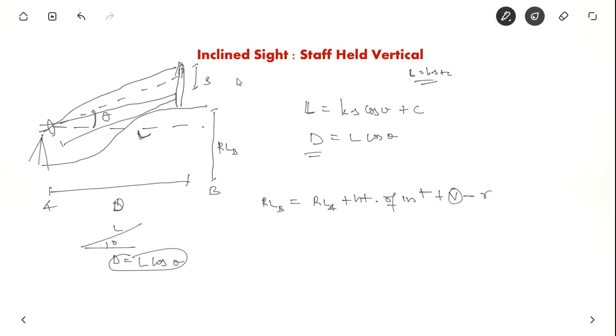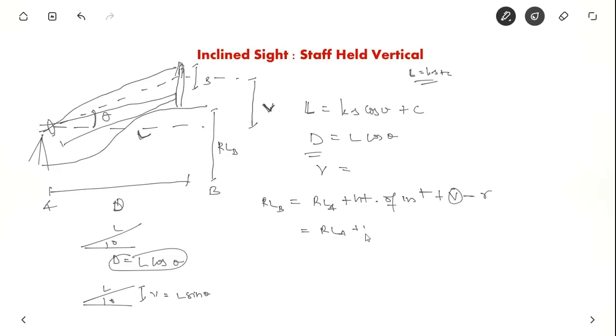This will give you the vertical distance, this center point to this horizontal, that will give you V. So V equal to, we know this is theta, this is L, so V equal to L sin theta.